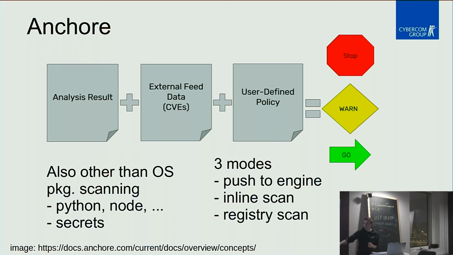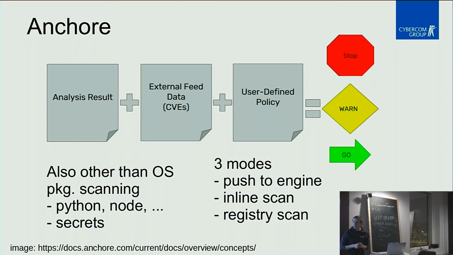Yeah, I think I will have time to show one more, and then I will show this inline scanning. Because in the Clair and Anchore case, we use this push to engine, sort of. So we push that, okay, check this image. But there is also, you can just give a registry to Anchore and it will scan all the images. And then you need to go to Anchore and check the results.